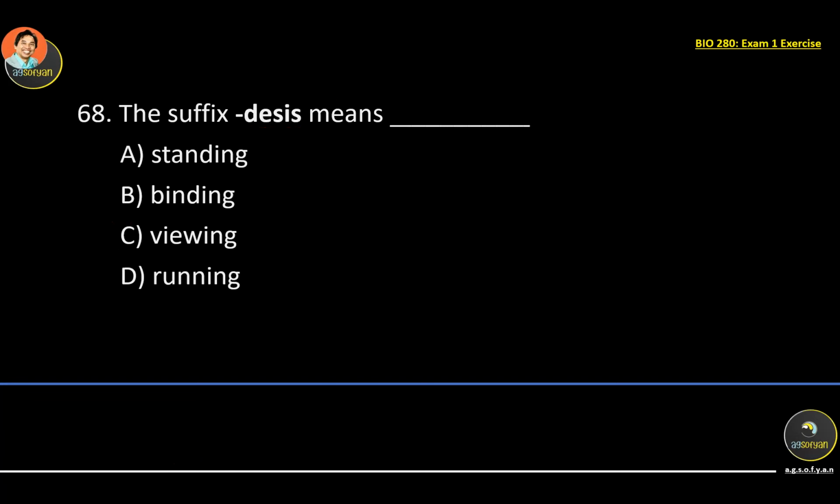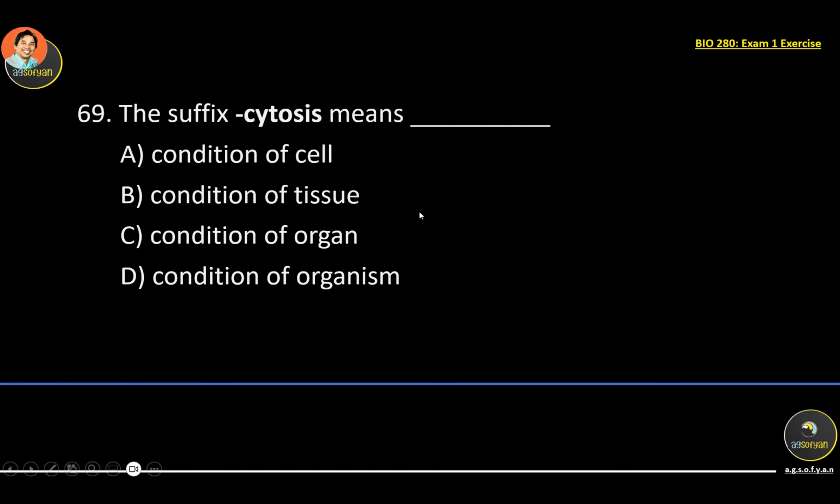The suffix desis means, okay, this one means binding. The suffix cytosis, okay, means A, B, C, or D. Cyte or cyto means cell. So this one will be related to cell, okay? So conditions of cell, cytosis.